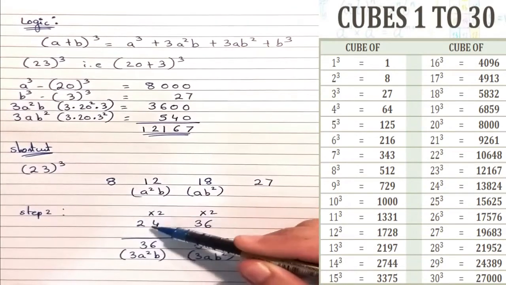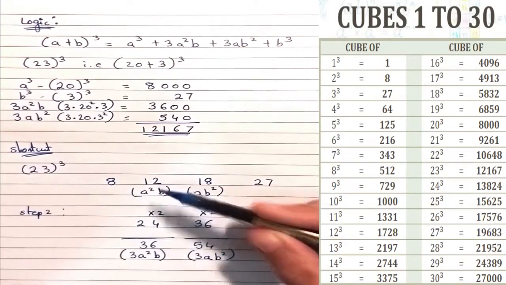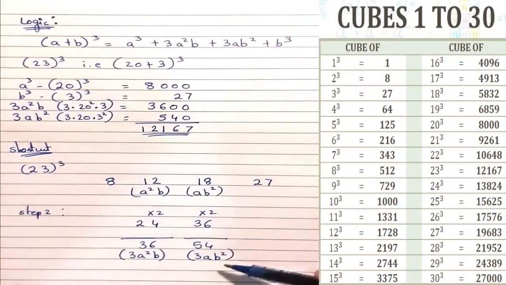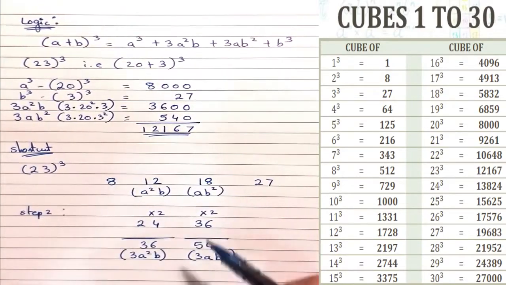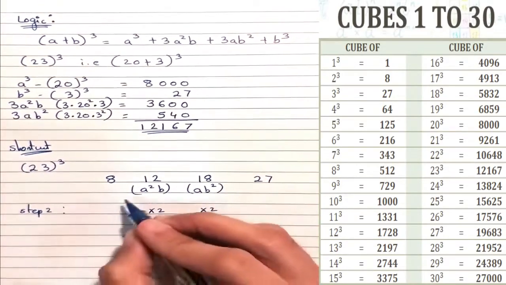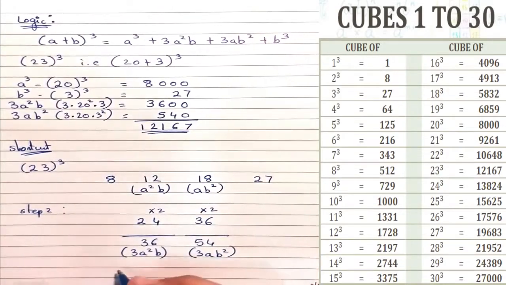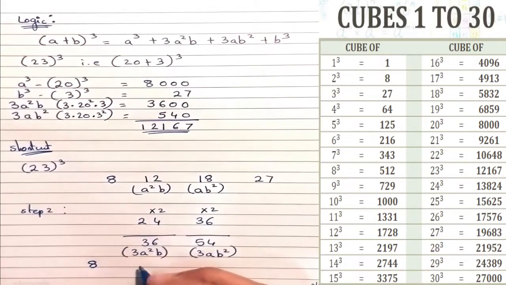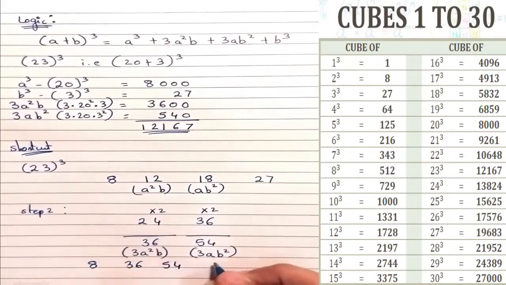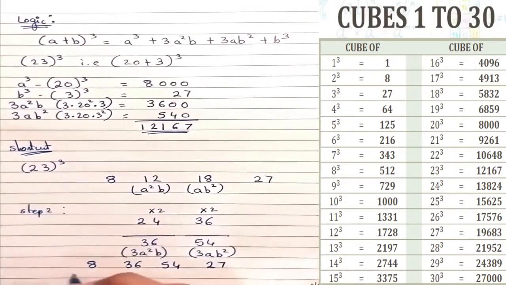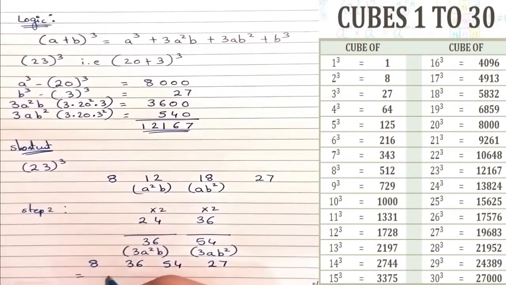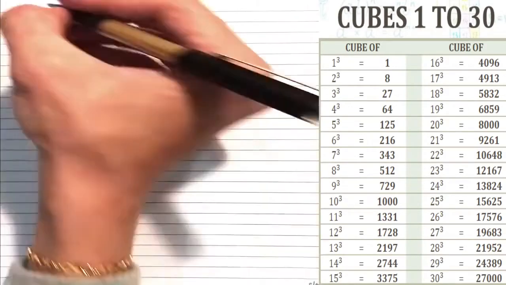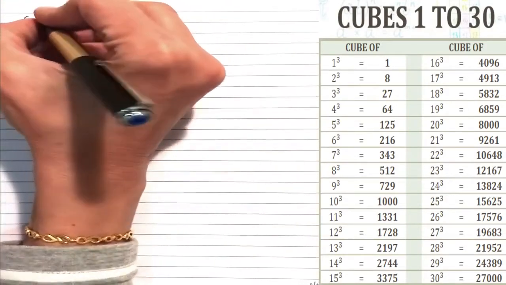Because a square b plus 2a square b will be 3a square b, and ab square plus 2ab square will be 3ab square. So this is how the shortcut method works. It is derived from this particular formula. And then what we do is just add these numbers. Since it is a 2-digit number, we keep 1 digit in the end and carry over the rest.